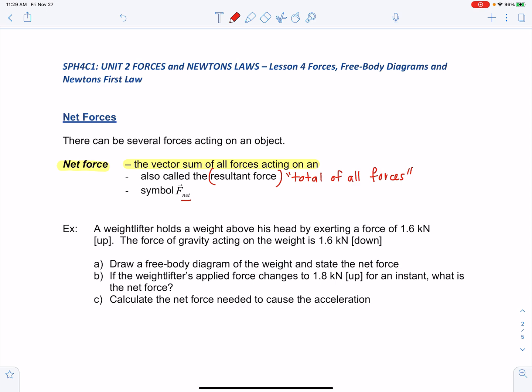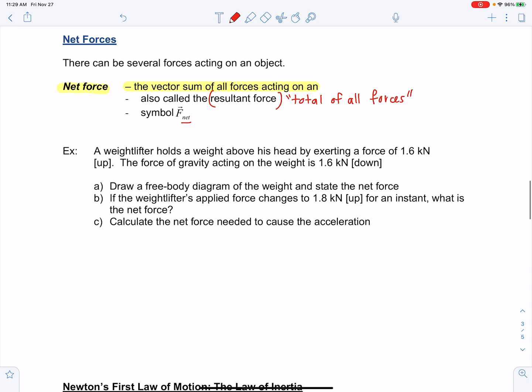So let's look at an example. A weightlifter holds a weight above his head by exerting a force of 1.6 kilonewtons. And know that 1.6 kilonewtons is 1.6 times 10 to the power of 3 newtons.